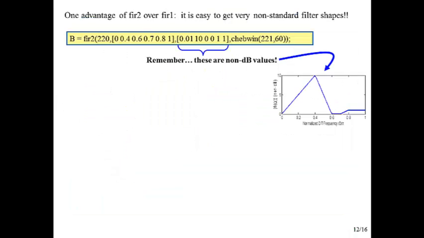Now this is just showing one of the advantages of FIR2 over FIR1. I can create any kind of weird shaped filter. So here I'm going 0 to 0.4, and I'm showing it going from 0.1 up to 10. So from 0 to 0.4 I want my filter to go up like this.